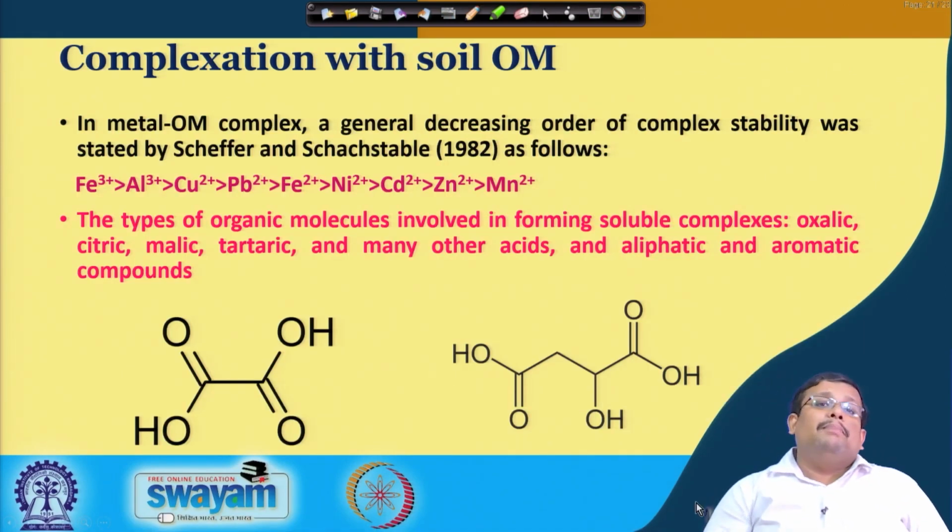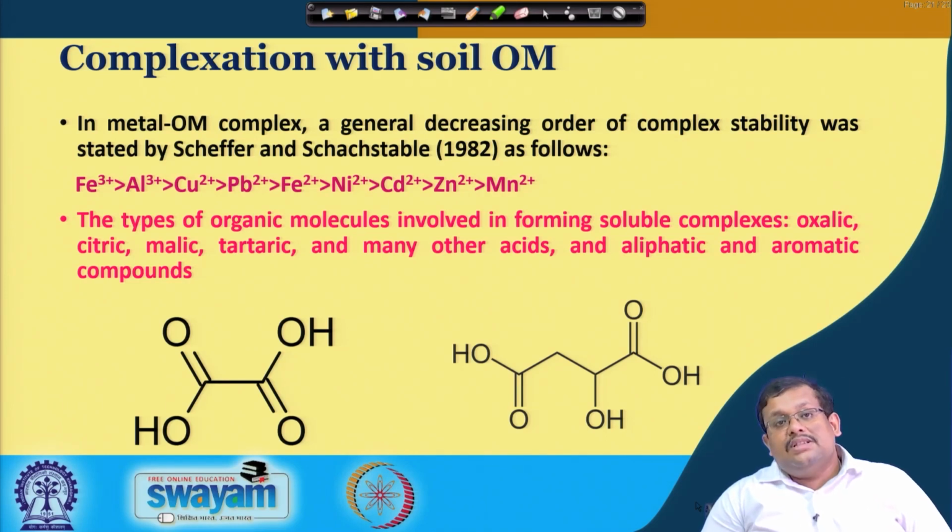Now, if you see the complexation with soil organic matter, in the metal organic matter complex, a general decreasing order of complex stability was stated by Schnitzer and Skinner in 1982.